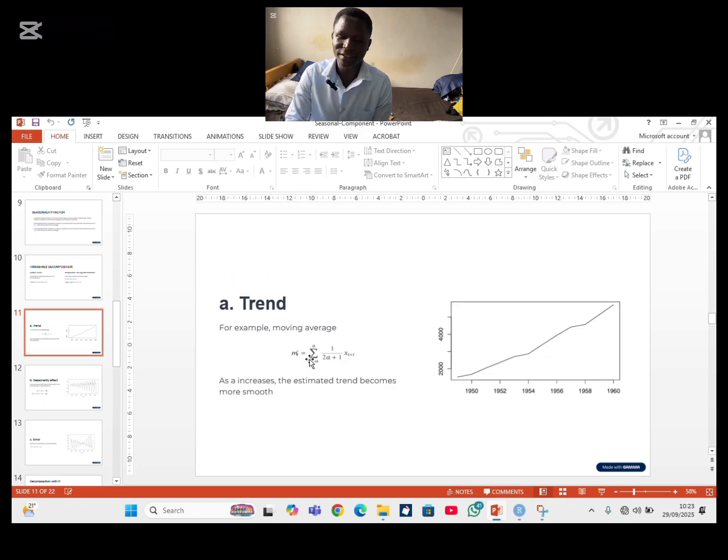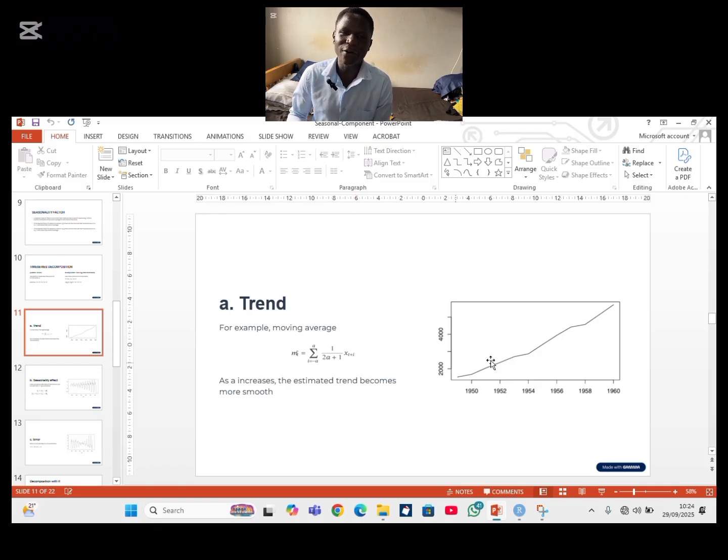Please don't get confused. You have a time series and we are illustrating it as letter x, right? That is your time series the way it is. Whether it has seasonality, it has trend, that's the way it is. So you decide to do a moving average. When you do a moving average, you will get a column on its own, and that column is what is determining our trend.